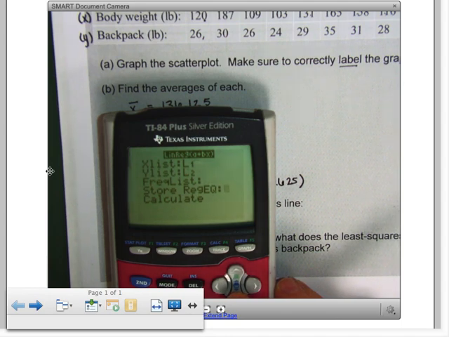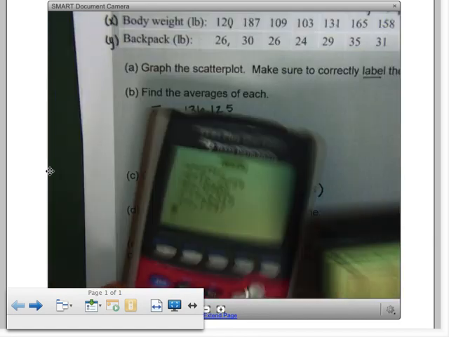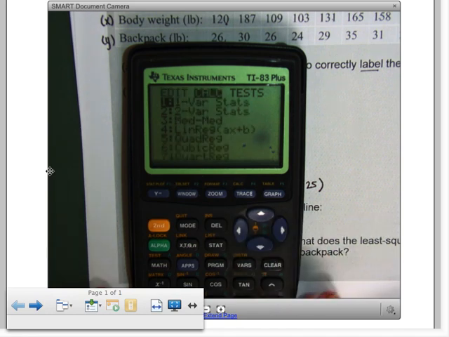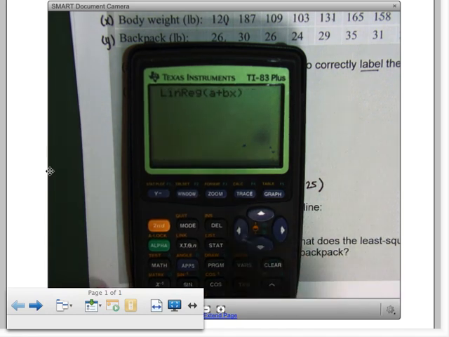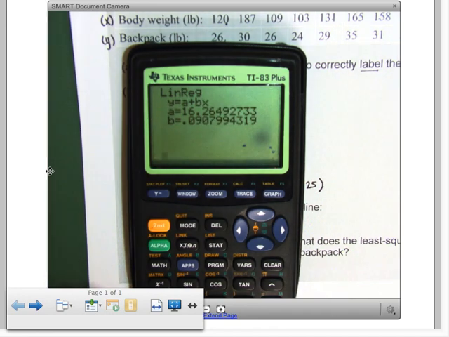So then I'm going to go down to Calculate. Okay, if you do not have that screen, so if you go to Stat Calc 8 and it comes up like this on your calculator, just hit Enter and you should still have the same thing.